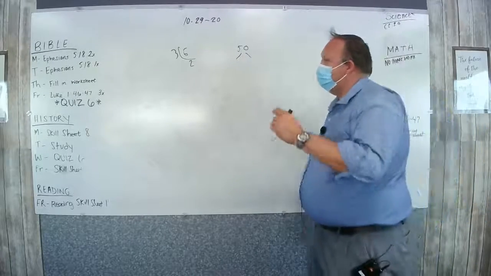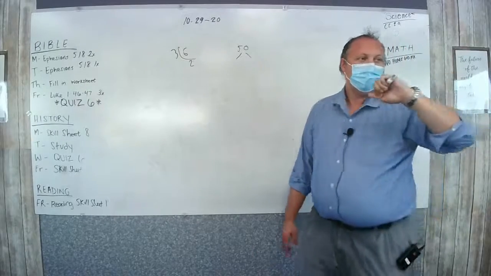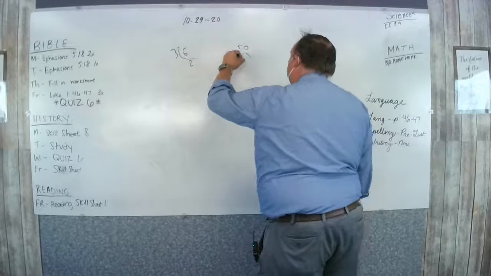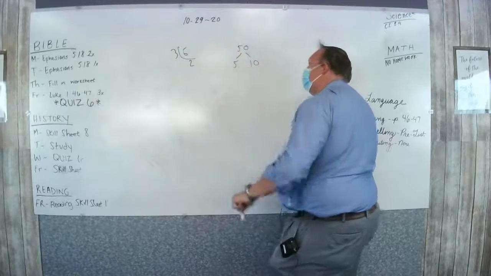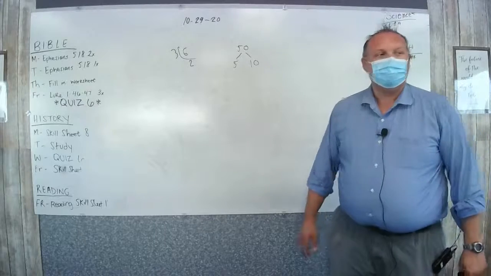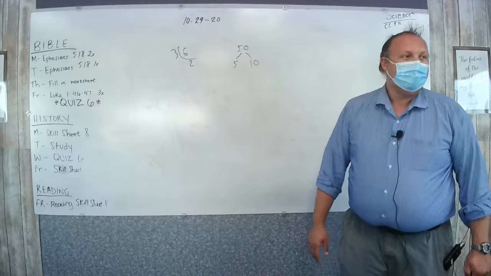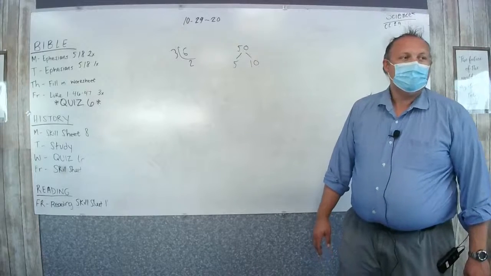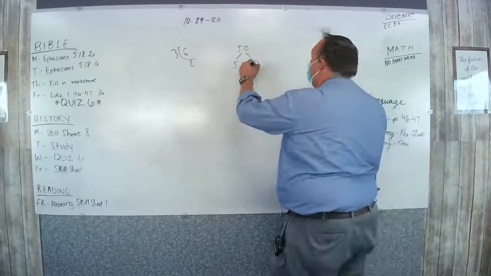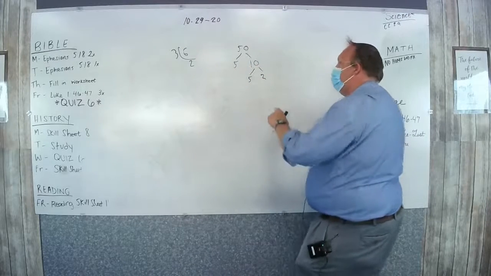What are some factors of 50? 5 and 10. Is 5 a prime number? Yes, it is. So that section's done. Is 10 a prime number? No, it's not. So what I have to do, Emmeline? You're going to have to divide it by 5 and 2. I can break this down into 5 and 2. Is 5 a prime number? Yes. Is 2 a prime number? Yes.